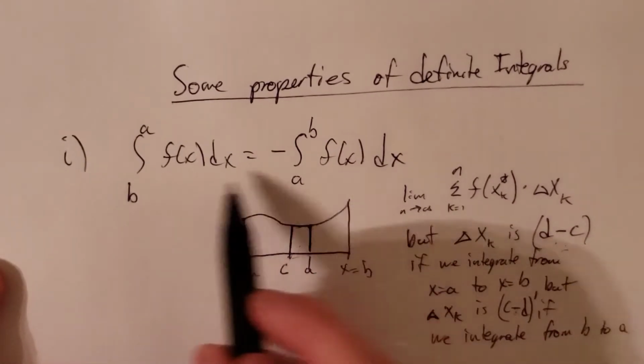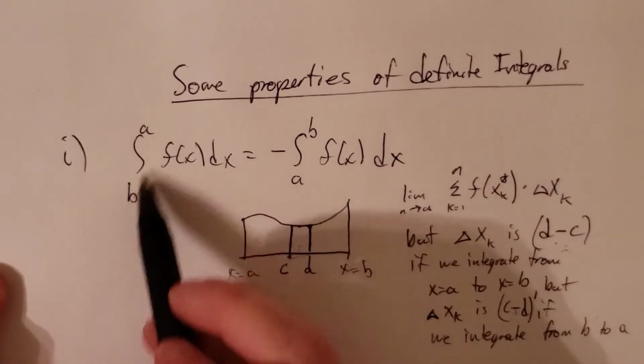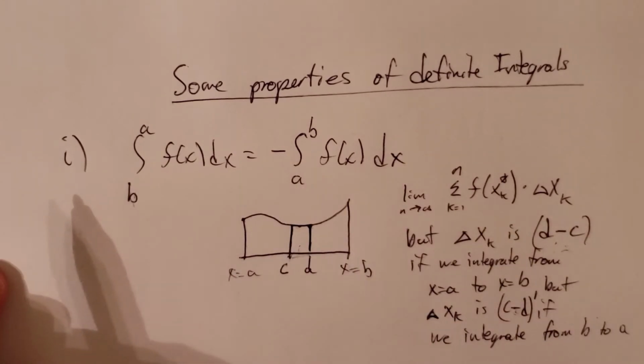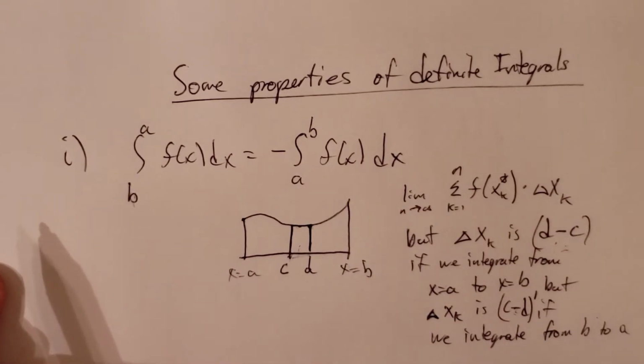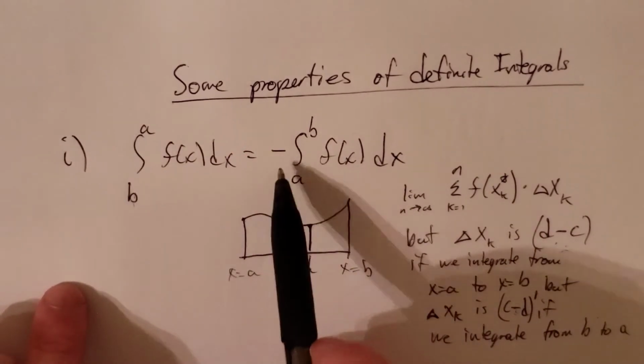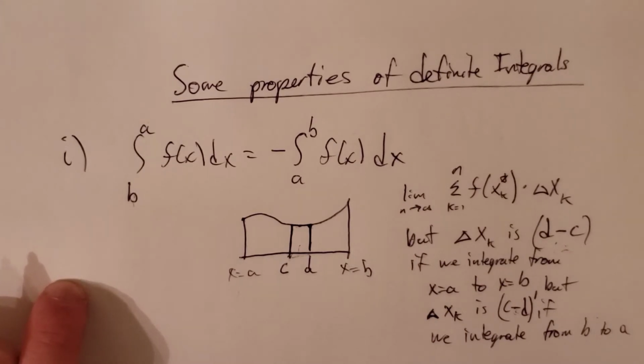And that's exactly what this property says. If we change our order of integration, then we just take the negative of our integral. So if we had just a to b and we change that to b to a, we need to multiply by a negative 1.